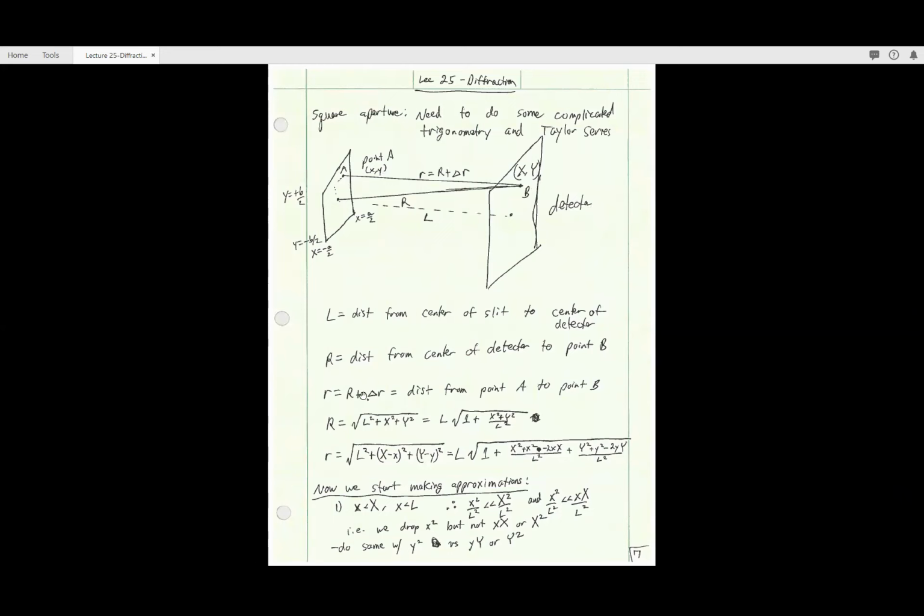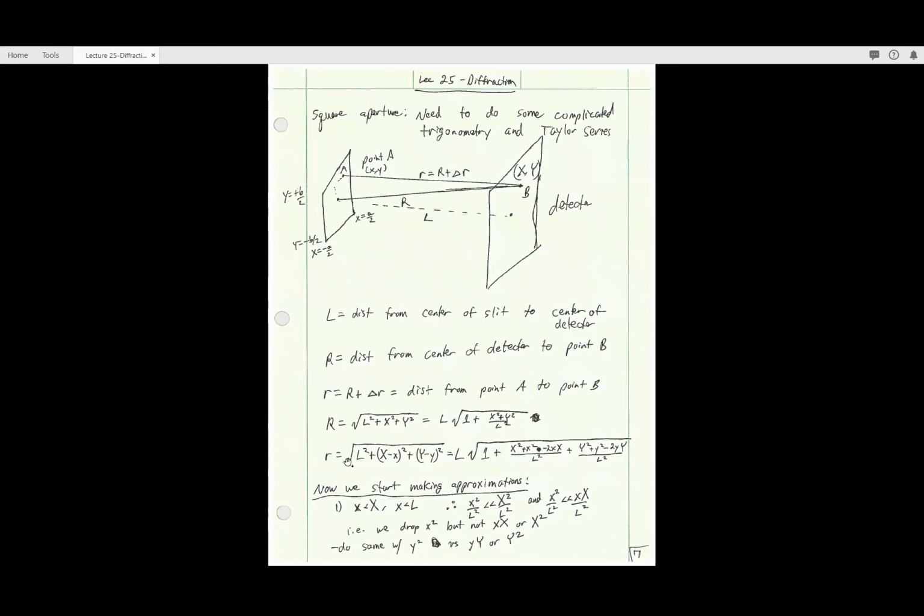Little r will be big R plus delta R. And big R, if we just use the Pythagorean theorem, is the square root of L squared plus big X squared plus big Y squared, where big X and big Y are the coordinates in our detector plane, and little x and little y are the coordinates in our object plane, or our aperture plane.